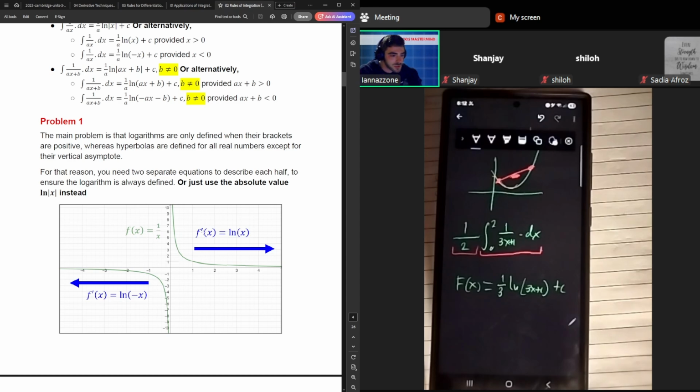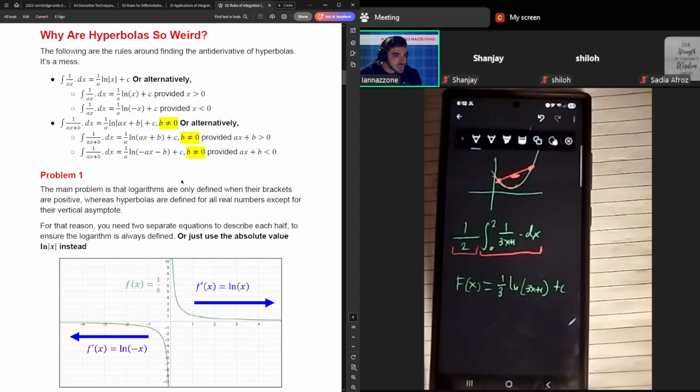And so you come across 2 scenarios, one case where the logarithm is defined for the positive values, and then you slap a negative on it so that it becomes defined for the negative values. You have to have 2 separate parts that make up the whole antiderivative. That's one of the main problems, which is why there's 2 separate antiderivatives for each domain.